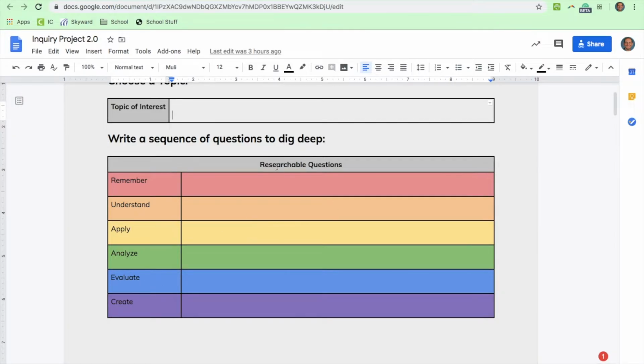And the reason why is you will be thinking of at least one question for each tier of Bloom's. And you start at the base of the pyramid, which is remember. So it just flipped, so as you progress with the project, you just keep continuing that way. So this is Bloom's just in the reverse order.